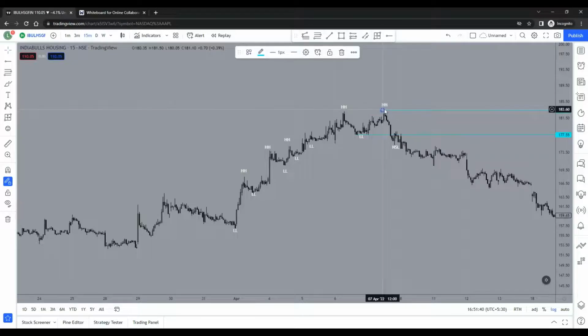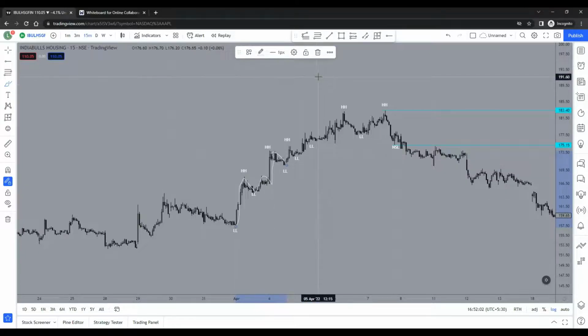Now this is our highest point and this is our lowest point. This is the new swing. Previously we were moving between this and this. I'll draw that. Previously we were moving in an uptrend like this and this and this and this.